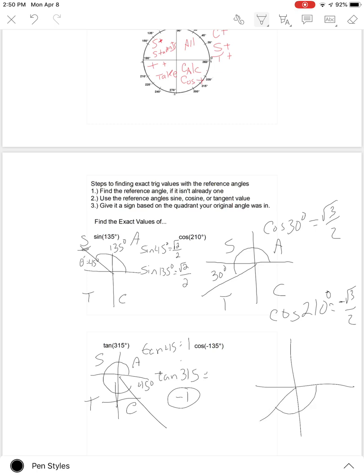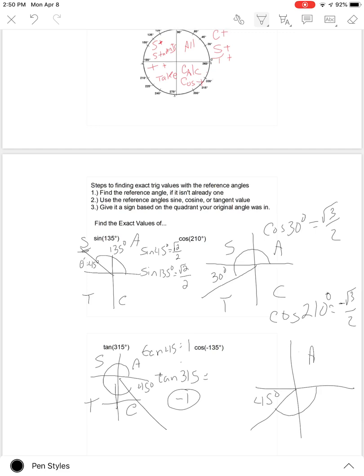Okay, negative 135, so that puts me at 45 degrees. So the cosine of 45 degrees is the square root of 2 over 2, but all students take calc. It's going to be negative because it's in the third quadrant, so the negative square root of 2 over 2. Okay, so that's what I got for that answer.